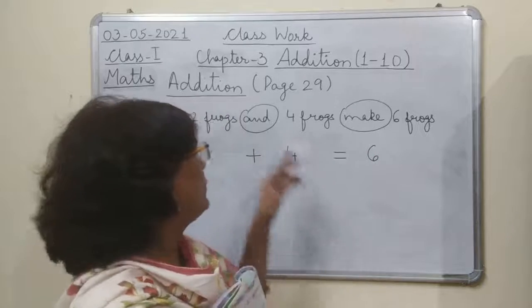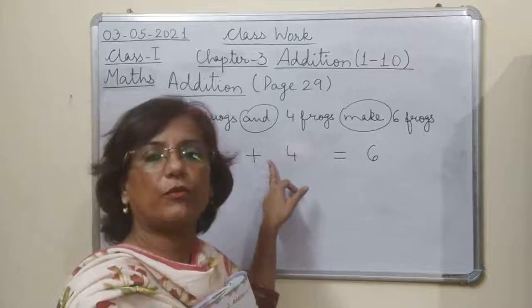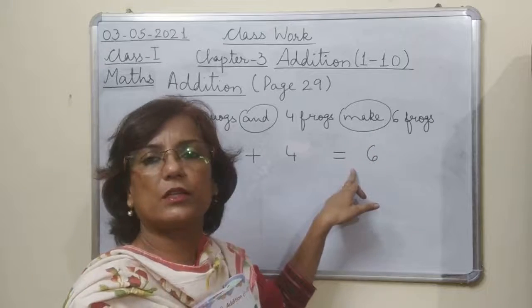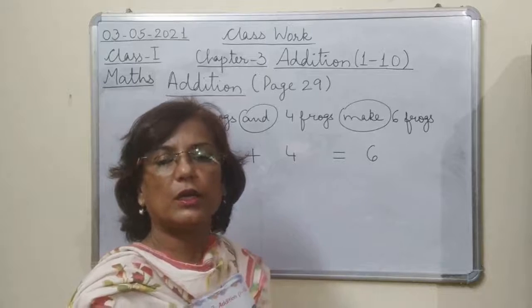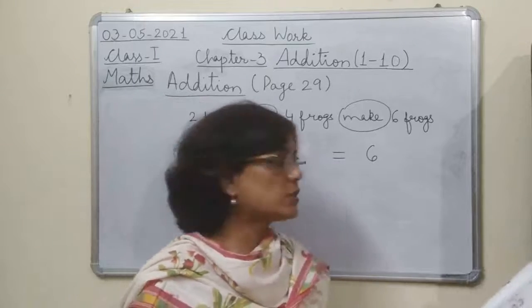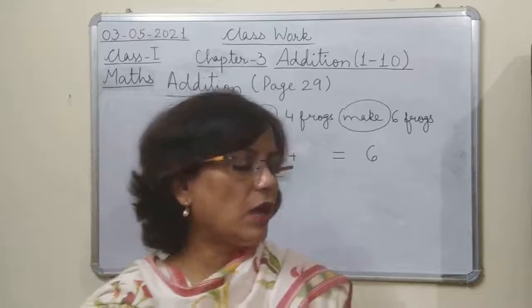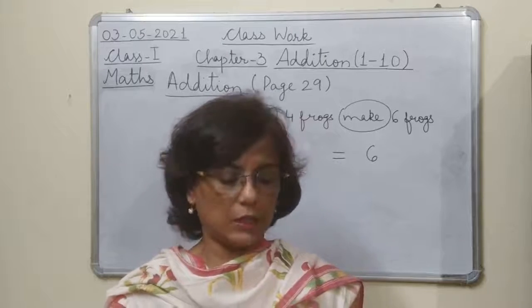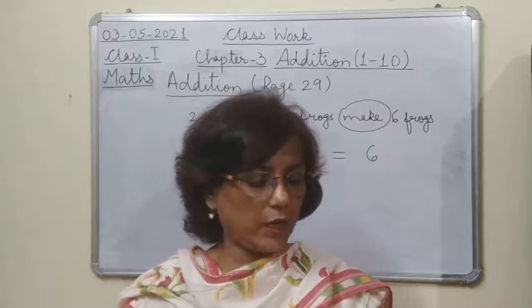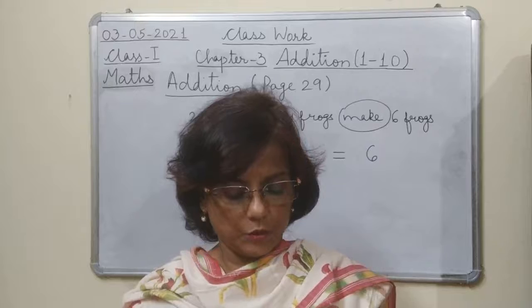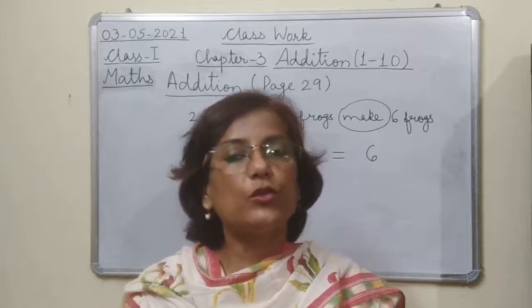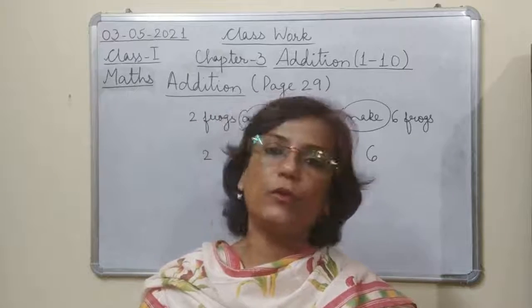Fine. So in place of and we use the symbol of addition, that is plus, and in place of make we use this is equal to symbol. Okay, so this is clear. Now we will be doing the exercise, and the exercise is add the objects and fill in the space provided. ठीक है, मतलब ये जो objects हैं इनको add करके जो जगह दी हुई है, space provided, वहां पे आपको लिखना है.